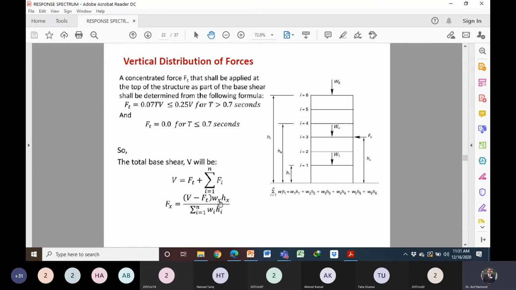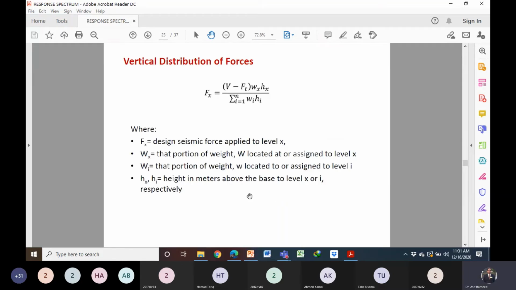V minus Ft multiplied by Wx. Wx is the weight of the different floors. Hx is the height of that floor from the base. Similarly, in the denominator, we have the product of weight and the height of the floor. Wi is the weight of the different floors. Hi is again the height from the base of the different floors.